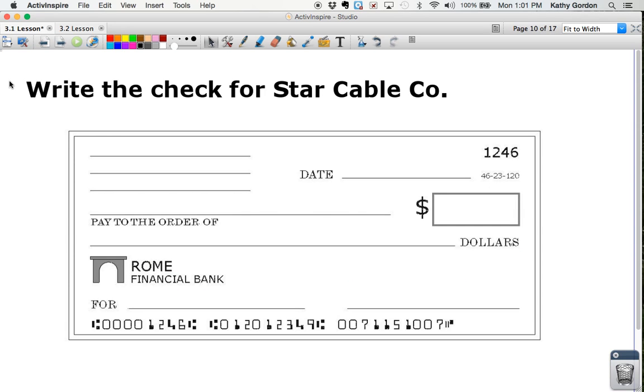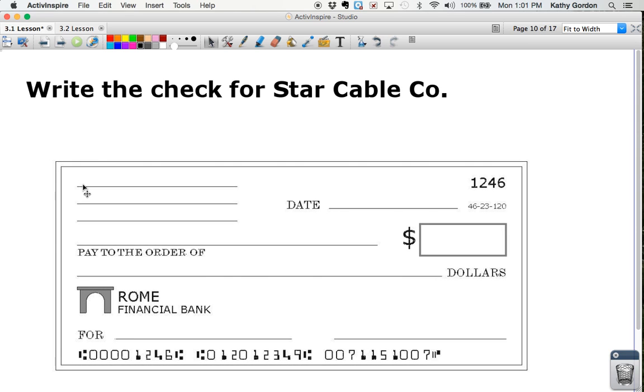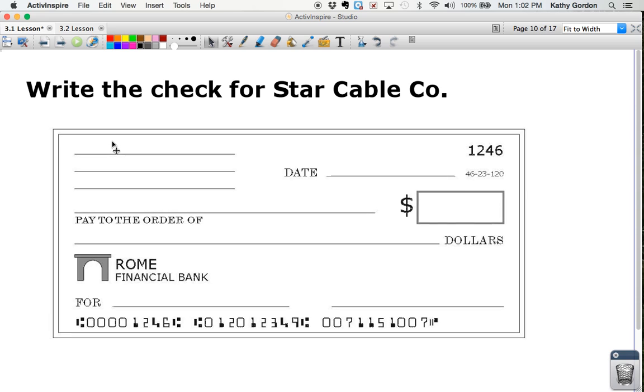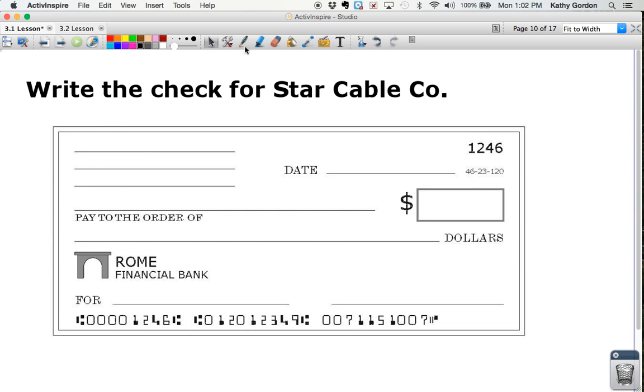So again, normally once you get your box of checks, this part will already be filled in. Your name and your address will already be printed on it. Okay, so you don't usually have to fill that part out.